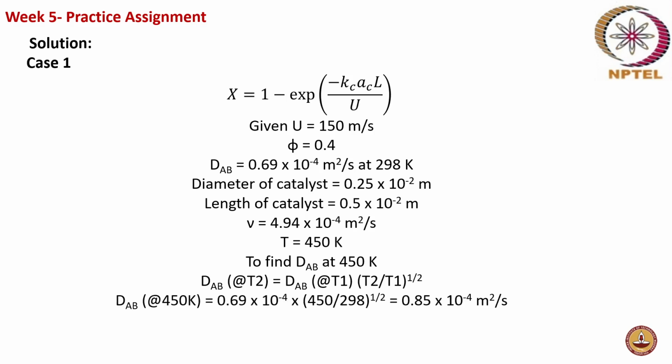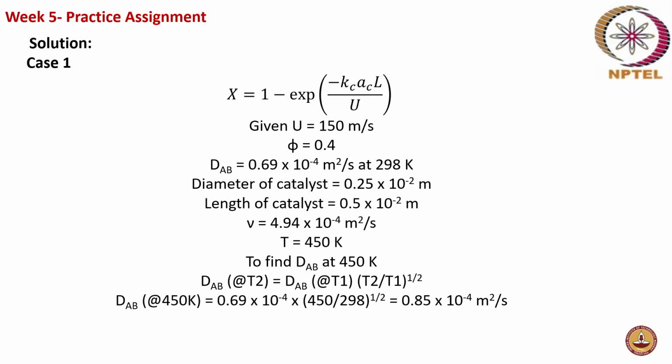Now substituting that, DAB at 450 Kelvin is equal to DAB at 298 Kelvin, which is 0.69 x 10^-4, multiplied by (450 Kelvin / 298 Kelvin) to the power half. If you observe, the value is 0.85 x 10^-4 meter squared per second.